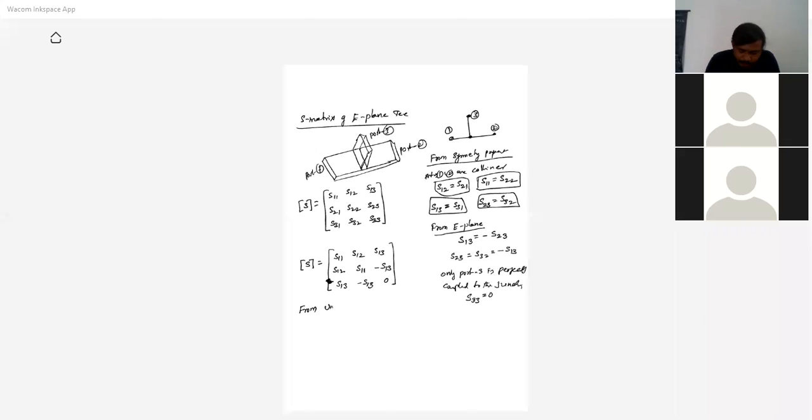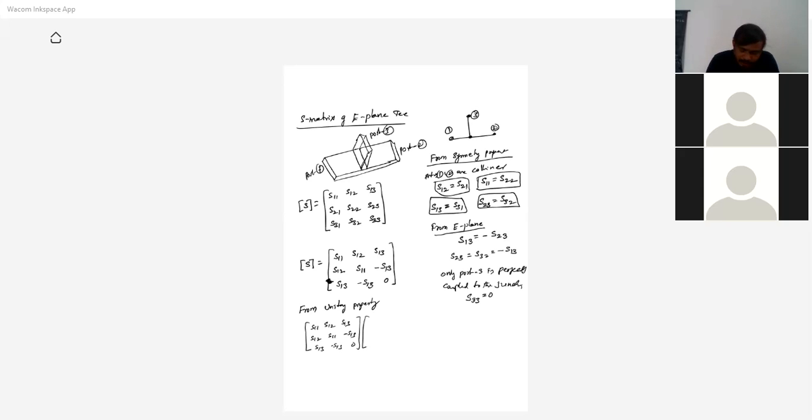From unitary property. So this is S11, S12, S13, S12, S11 minus S13, S13 minus S13, 0.